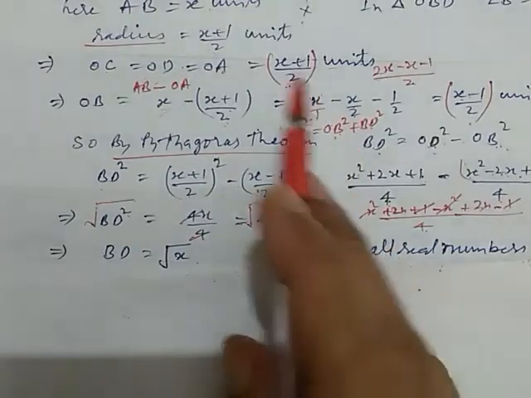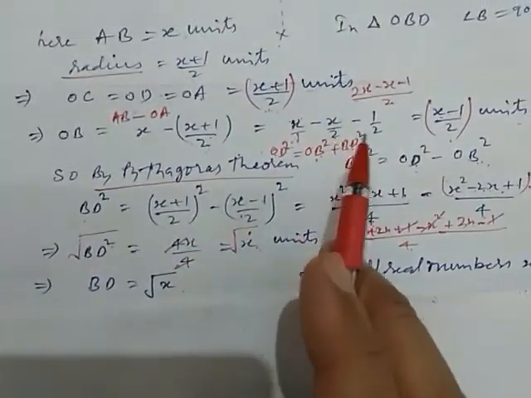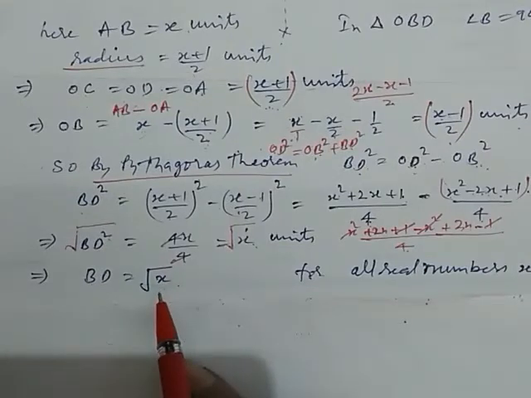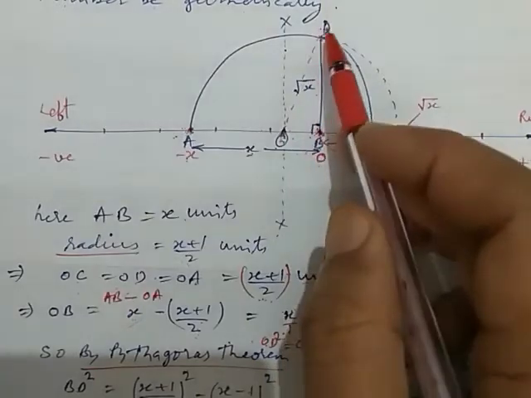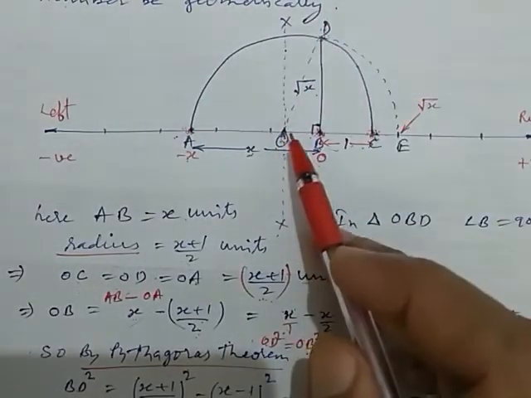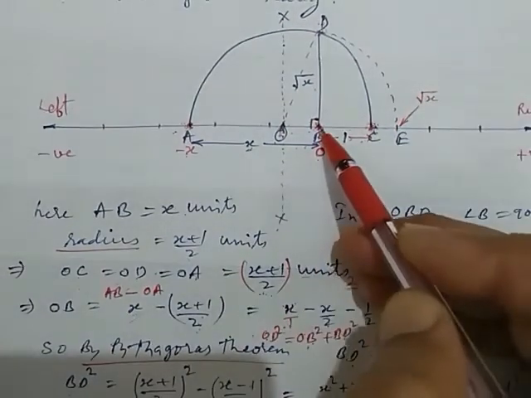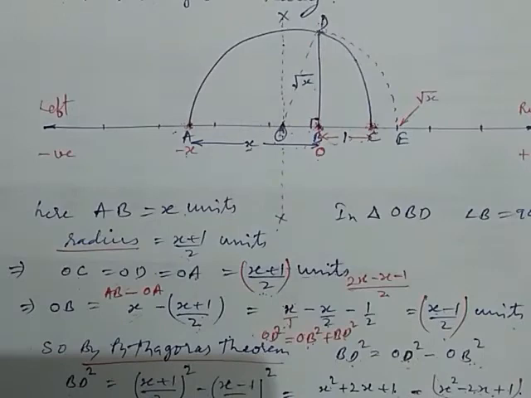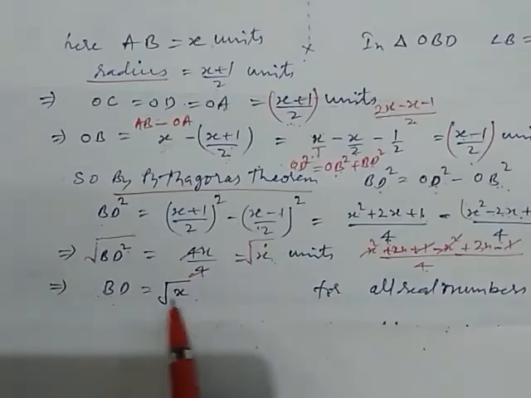Please carefully watch this, then you can understand how we get root x. So now this is our root x, and if we want to draw, then we plot the root x. What is the BD? BD is root x.